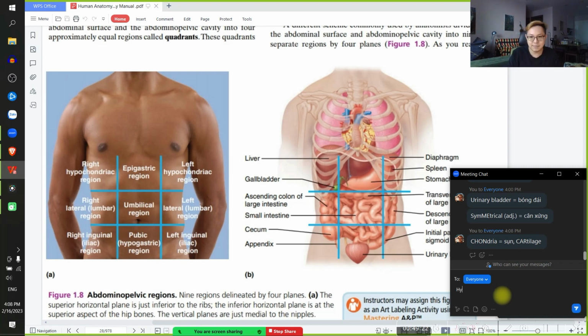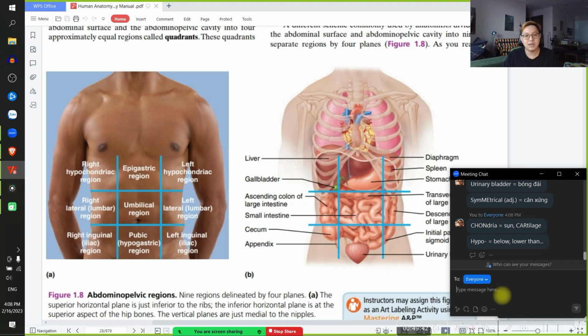So hypo means below or lower than something. So we have the right hypochondriac region, the region lying below the ribs on the right.